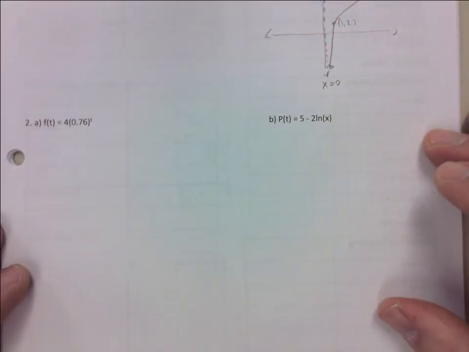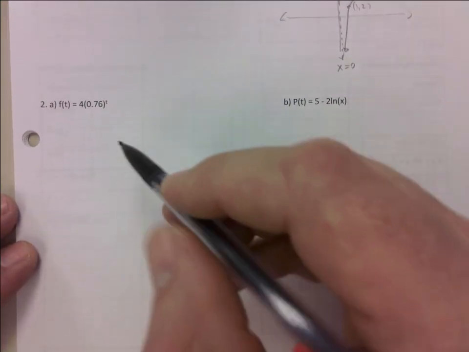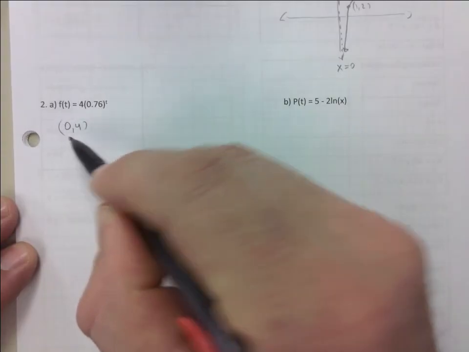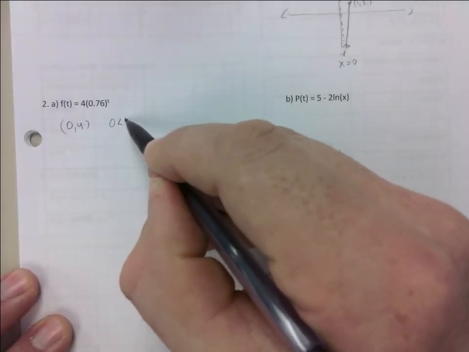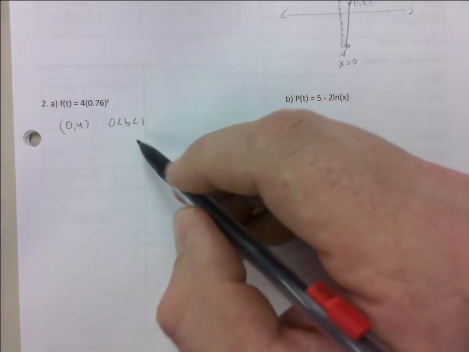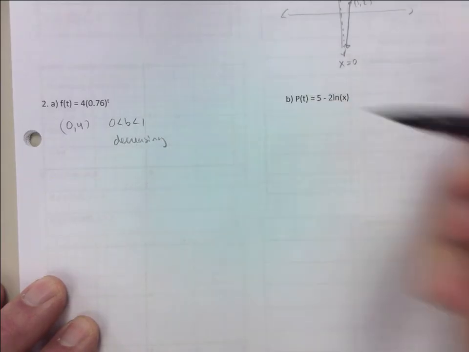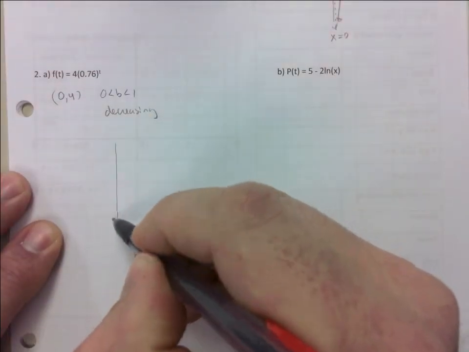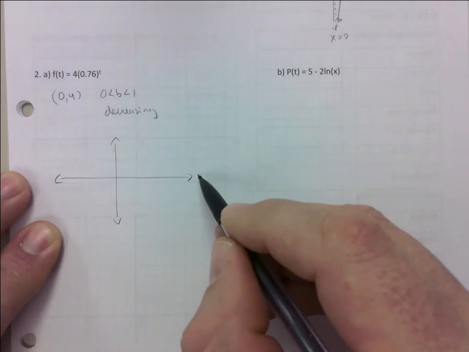Okay. So for this one, again, an exponential and a logarithmic right next to each other. So here we've got 0, 4. Intercept is a point. B is between 0 and 1. So if it's between 0 and 1, then it's decreasing. And it's exponential. So you've got your x and your y.